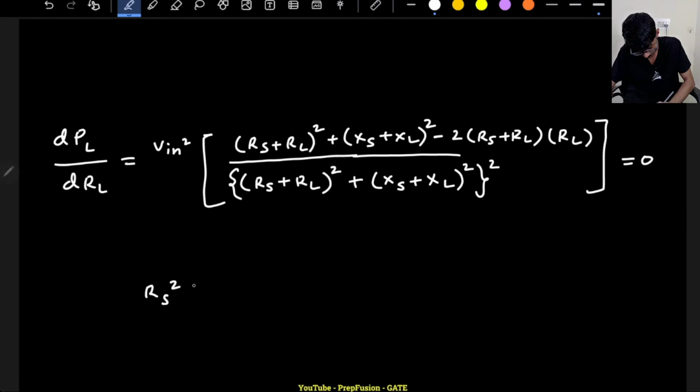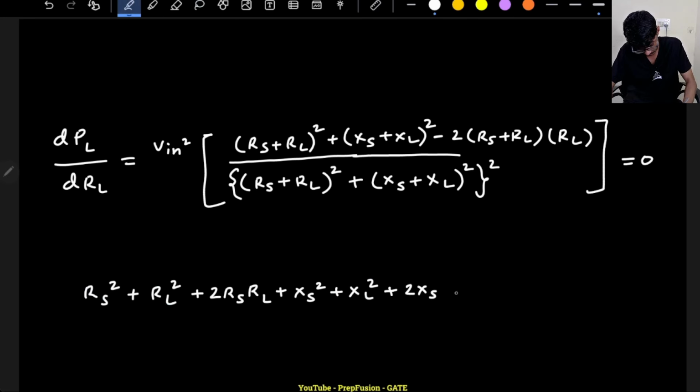So this will be RS square plus RL square plus 2 RS RL plus XS plus XL whole square, minus 2 RS plus RL plus RL whole square.